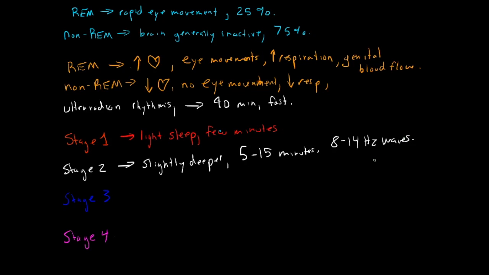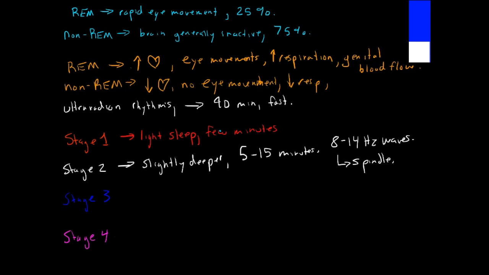It also includes the sleep spindle, which is the thalamic pacemaker. And it also includes a high amplitude sharp wave called the K complex, and the eye movements will almost cease.